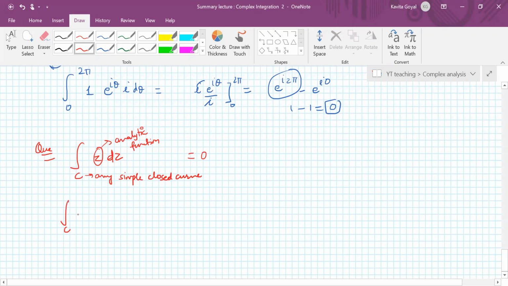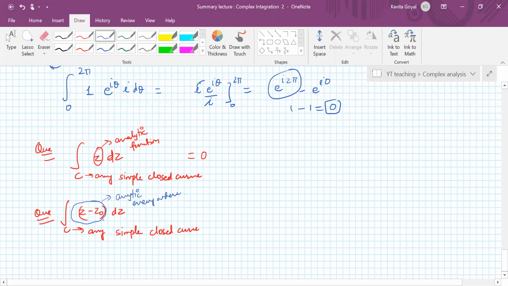So next, the integral of z minus z naught dz, where again C is any simple closed curve. If you look at this function, this is a nice function. This is analytic everywhere, no problem, because this is just a polynomial of degree 1. You can think of real functions.